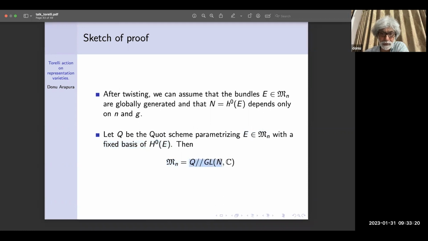You have to quotient out by what you've added, which is a change of basis. So you take the GIT quotient of Q by GLNC acting by change of basis. And that's the standard construction. There's variants of this, but I guess this is maybe Carlos Simpson's version of this. I guess the original version is due to Seshadri in the 60s.